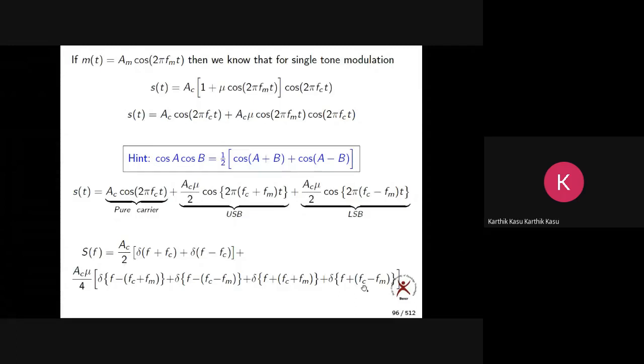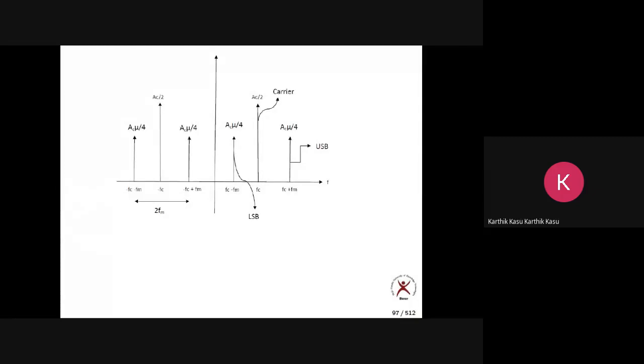So 3 impulses are on the positive frequency side and the remaining 3 on the negative frequency side. Why is it so? Because the spectrum has to be symmetric. Is it okay, all of you? Right. Now this is the spectrum.